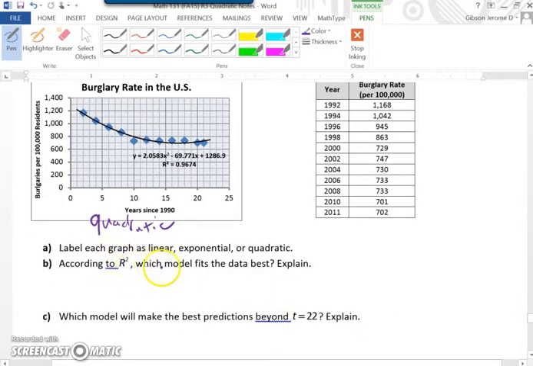Now it says, according to R-squared, which model fits the data best? And that would be the quadratic. And then it says, explain. It has the strongest relationship.